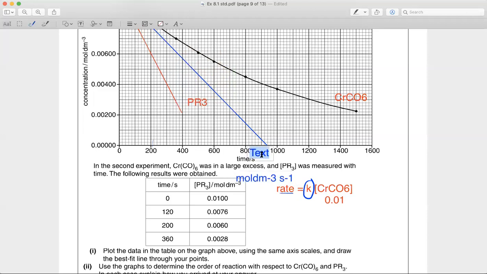And the unit for chromium is mole per dm cubed. You carry that onto the other side because you want to find the rate constant. The question asks you to find the rate constant. Then you carry this over to the other side, so the mole per dm cubed should cancel out.